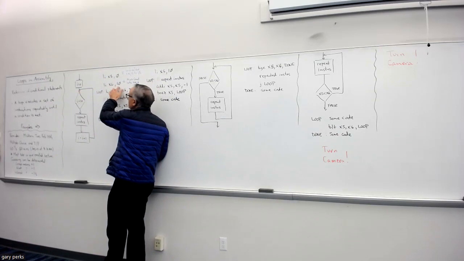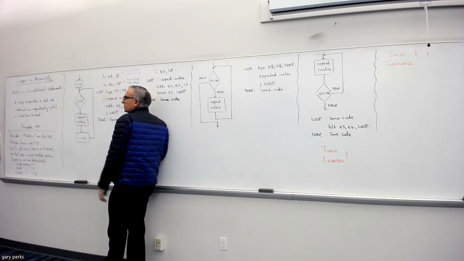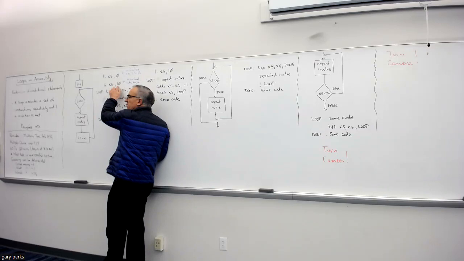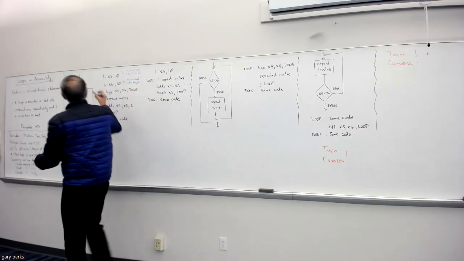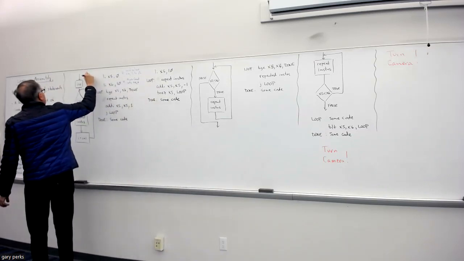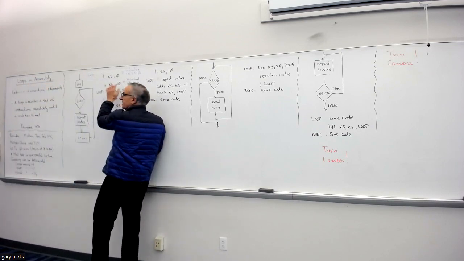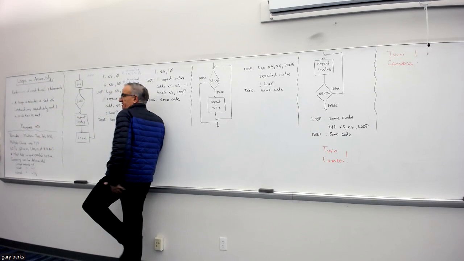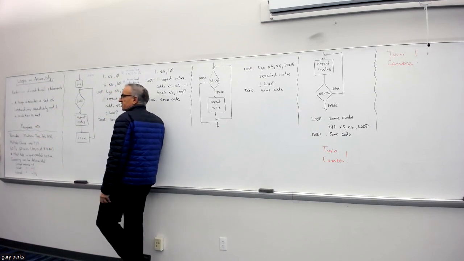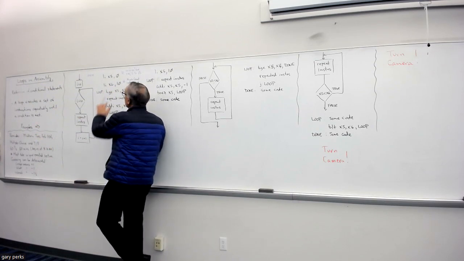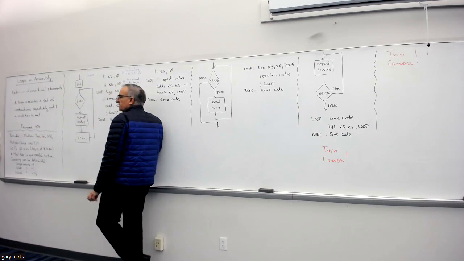In RARS, if you just put a number here, it defaults to base 10. If you wanted this to be base 16, you would have to do 0x and 10. So if this was 0x10, RARS is going to take it as a hex of 16. But if you just put 10, it will take it as base 10.